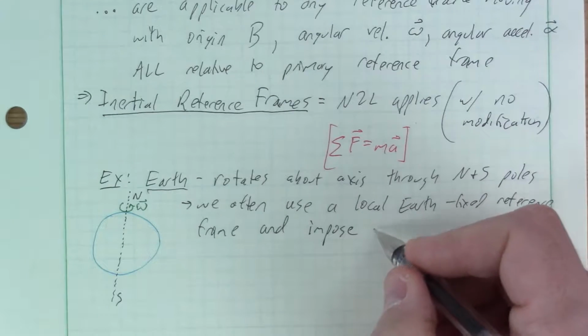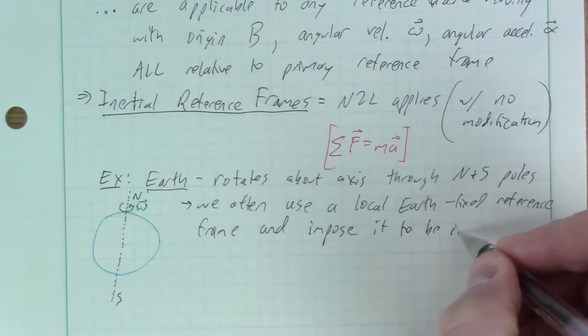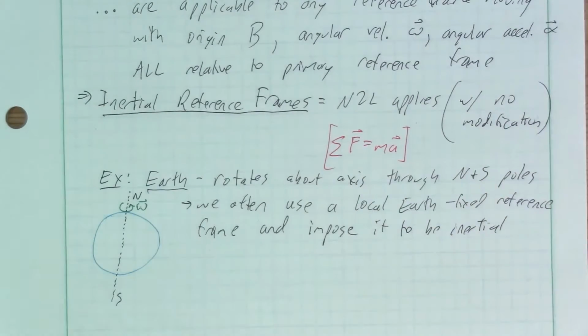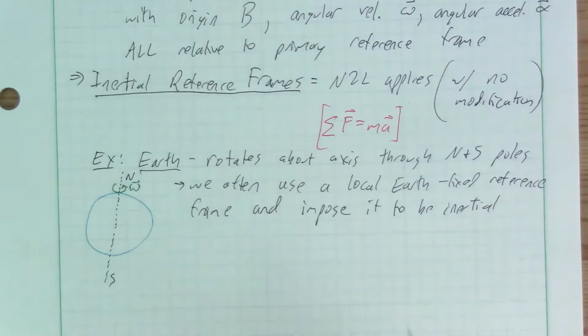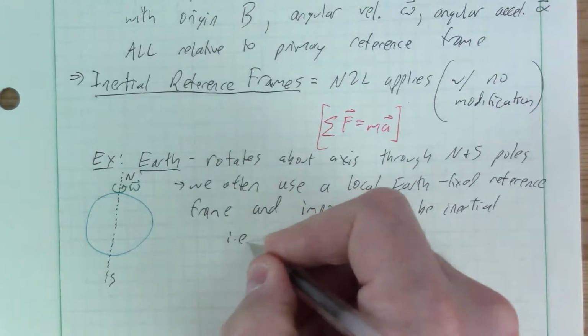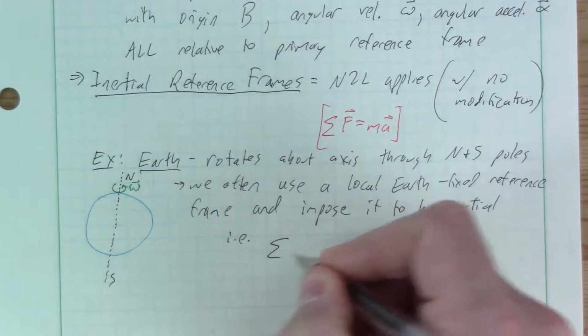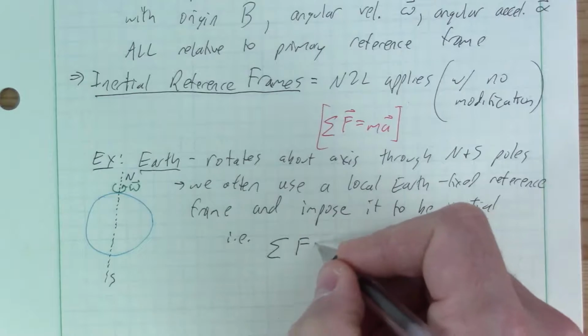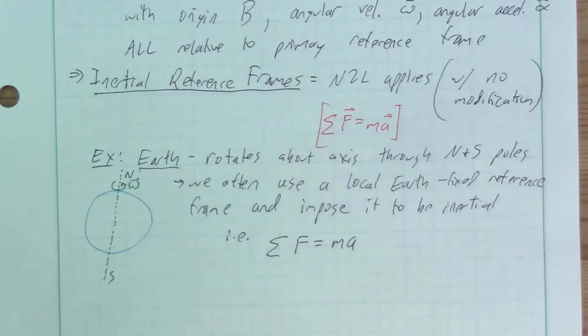And then we impose it to be inertial. Right? So we just assume it's inertial by saying, well, it's only the forces of friction and gravity and the normal force. And those are the only ones there. Okay, so that means that what we apply is sum of the forces equals mass times acceleration.